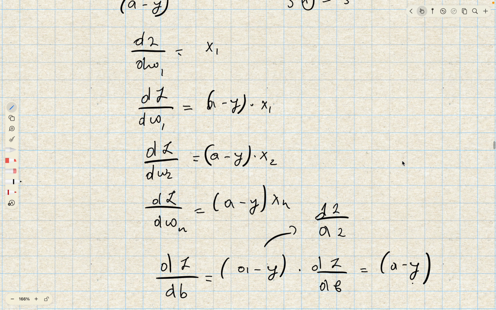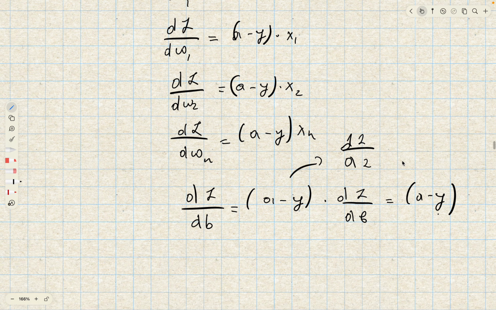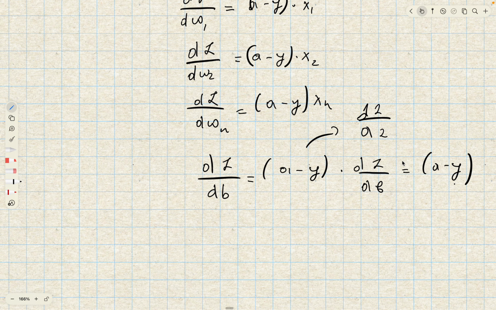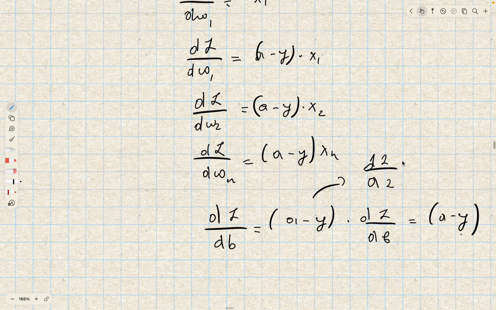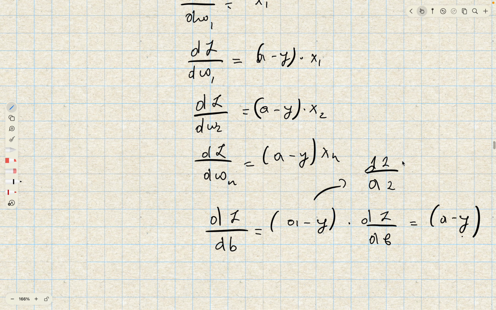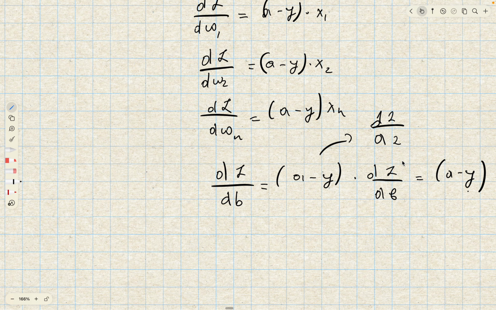We really need to do this because we'll use gradient descent, and we found out that our function depends on many variables like V1, V2, B, and so on.